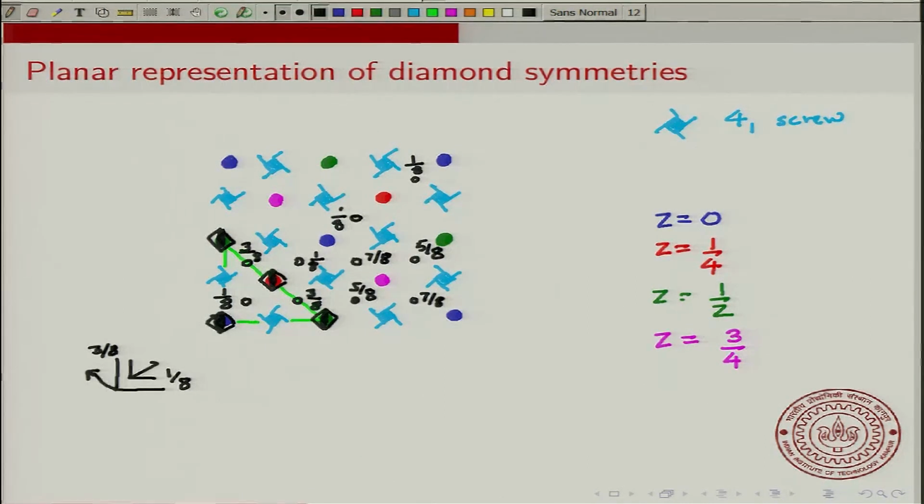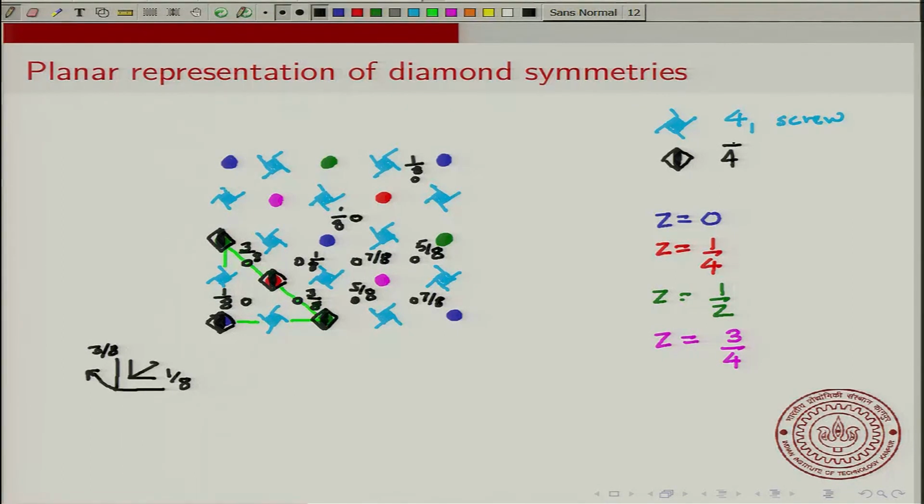So each of the points in the diamond cubic lattice acts as a four-fold roto inversion axis. So, four bar.